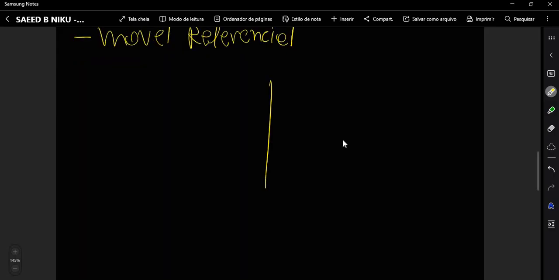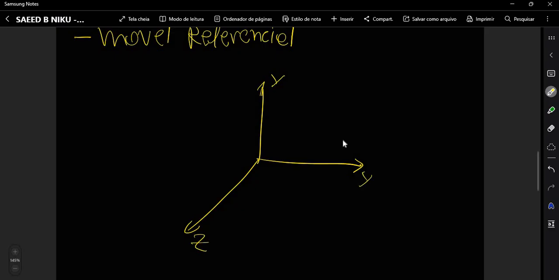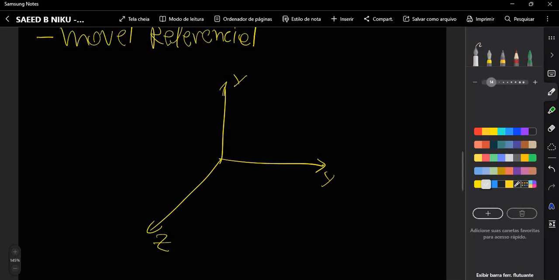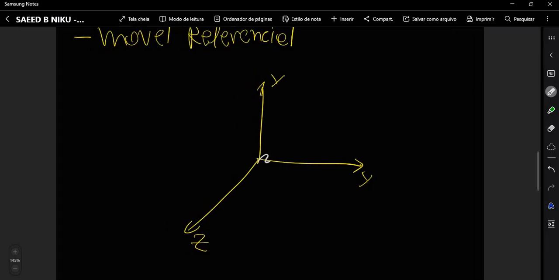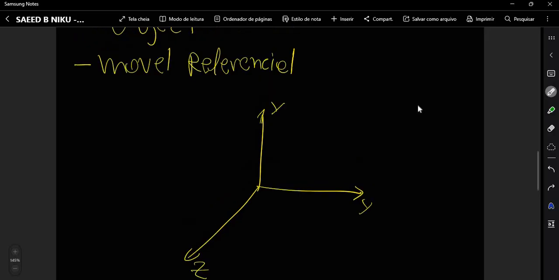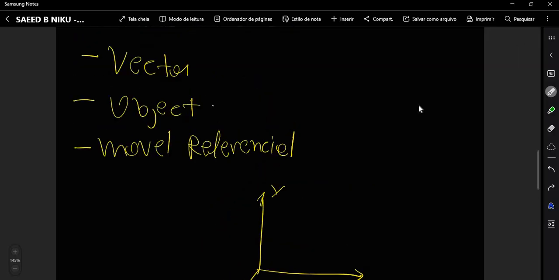we can draw what I'm saying. A referential in a reference system that can be a body, which is an object, or a vector.